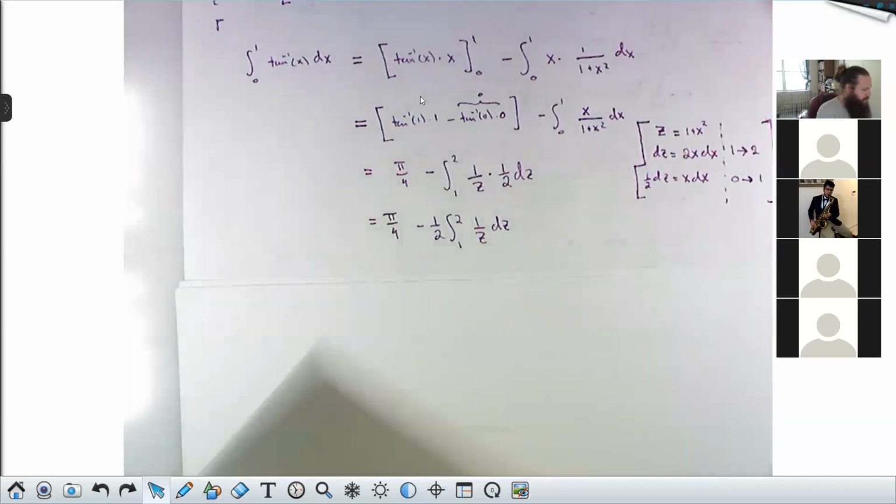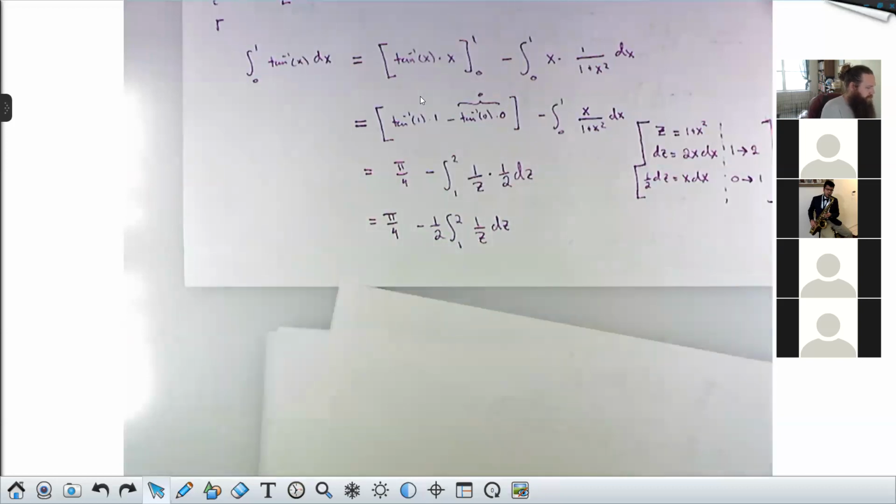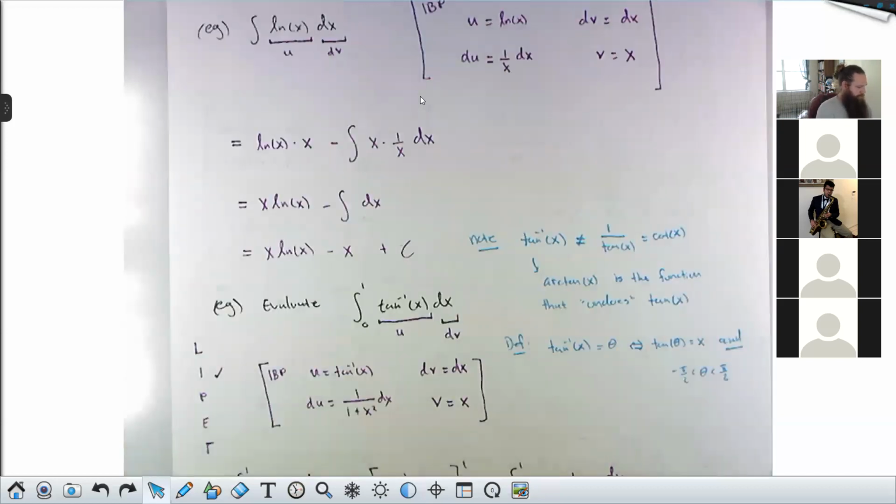Then for my next trick, for our next little example here, I'll show you one of the ways integration by parts can get a little bit tougher. There are many ways, but sort of one of the classics.